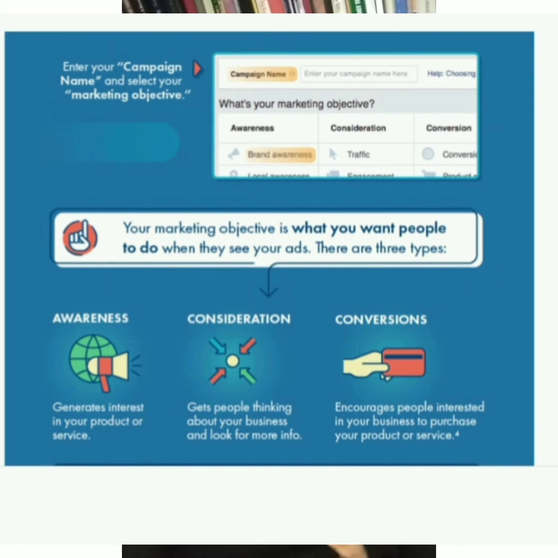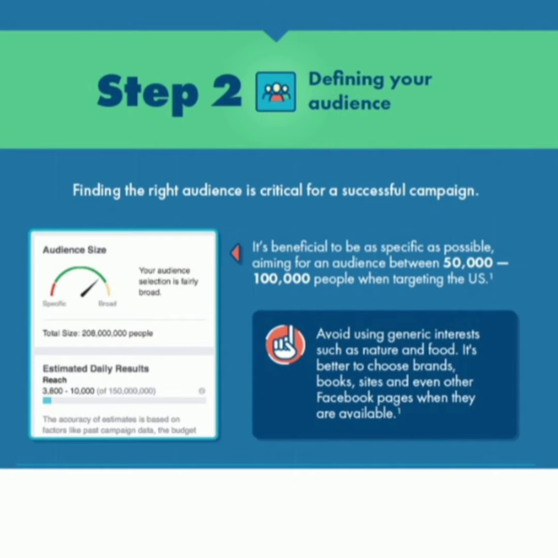The next thing is to define your audience. Who do you want to show your ad to? Who do you want to see your ad? One of the things you can look at is the numbers. Like I told you, about 2 billion active monthly accounts on Facebook. Obviously, if you want to target everyone, then you would be wasting your money.